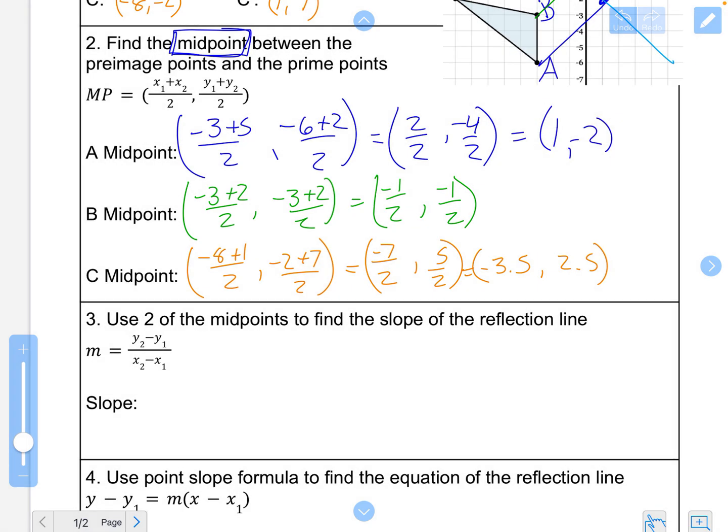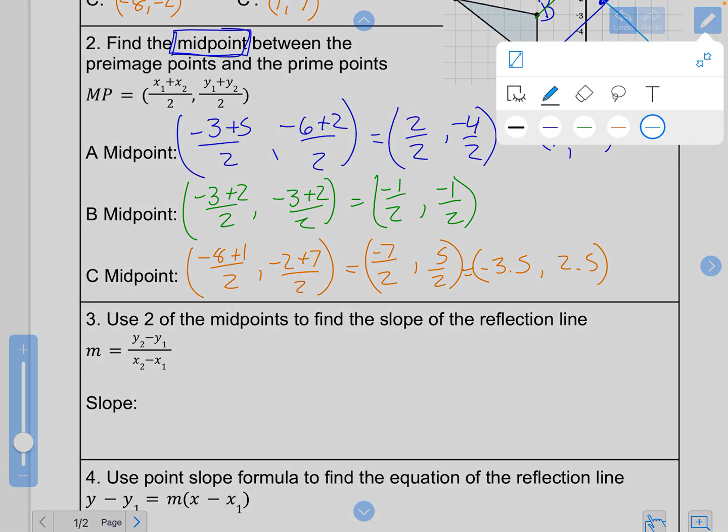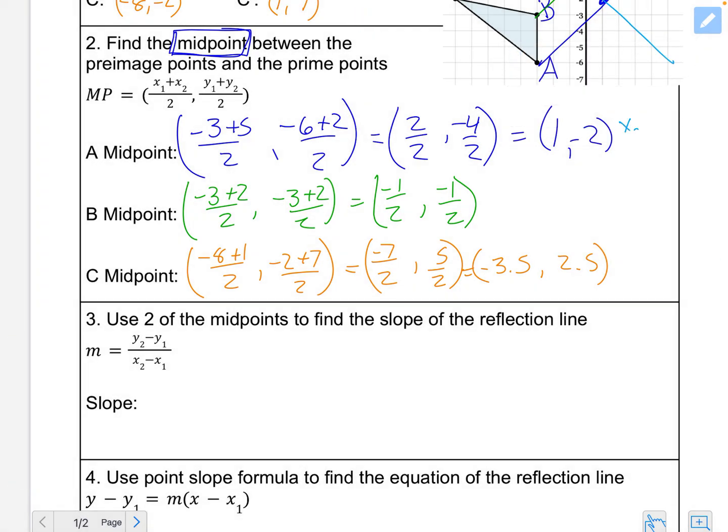So let's go. I'm going to have my A midpoint be x2, y2 if I'm looking at the graph, and then I'm going to have B be x1, y1.